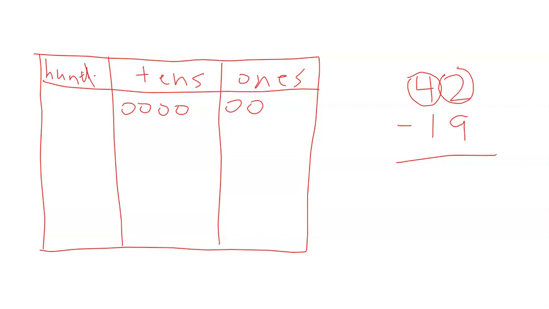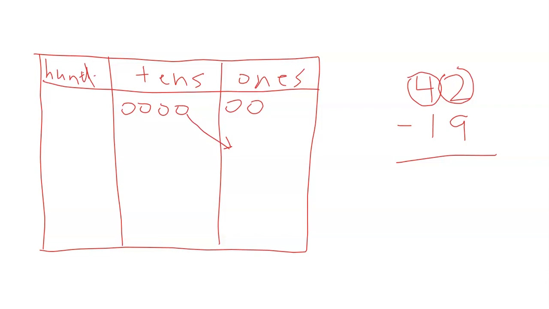So I need to subtract 9 ones, but the problem is I only have 2 ones. So I have to find those ones somewhere else. So what I can do is it's called unbundling. I'm going to unbundle a 10. So what that means is I'm going to take one of these 10s and I'm going to bring them over here, okay?